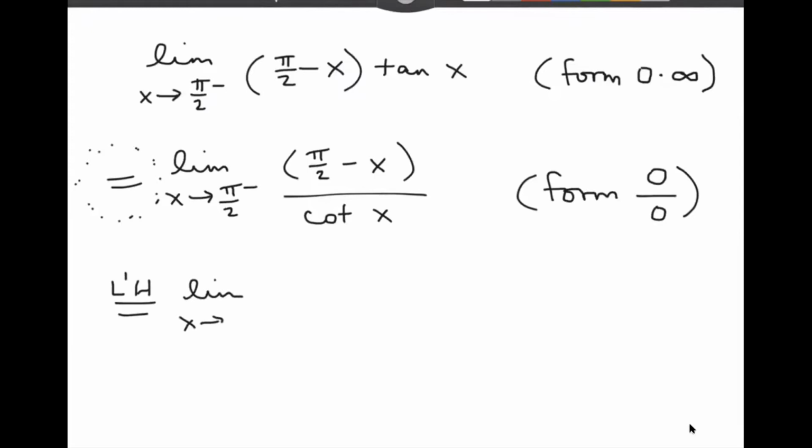The derivative of pi over 2 minus x is -1, and the derivative of cotangent x is negative cosecant squared x. And as we've used twice before in this same section, the cosecant of pi over 2 is 1. So this limit is equal to 1.